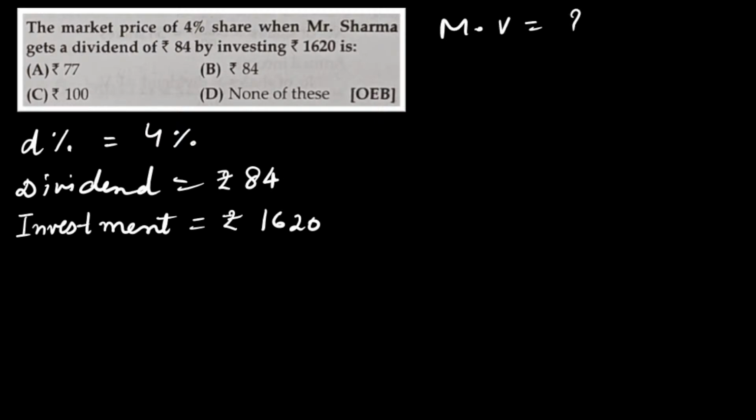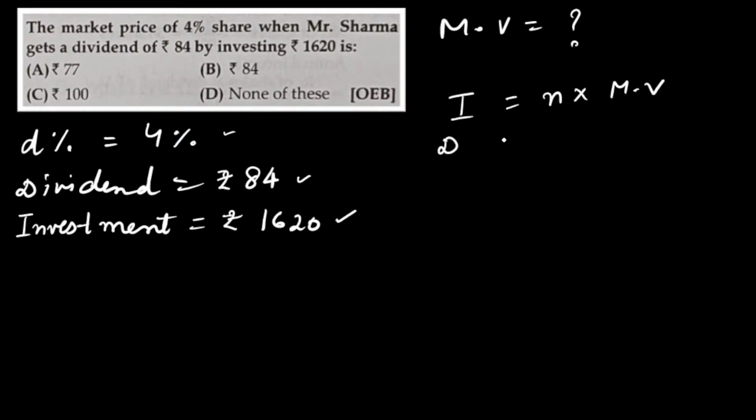Okay, now tell me which formula I should use. Here investment is given to us, dividend is given to us and dividend percent is given to us. The formulas which I told you are these. Investment equals number of shares into market value.